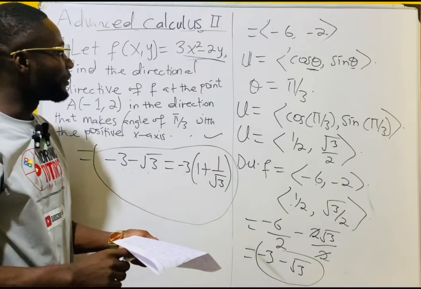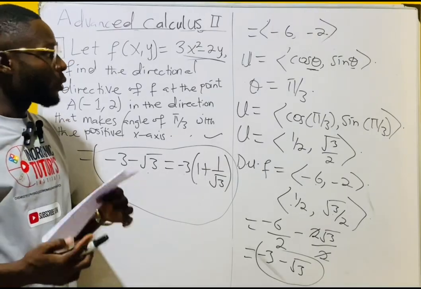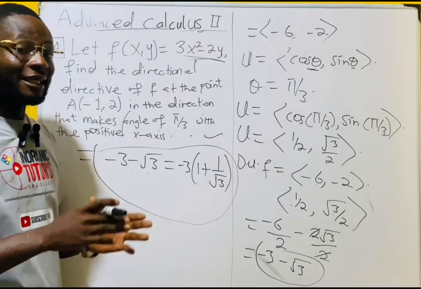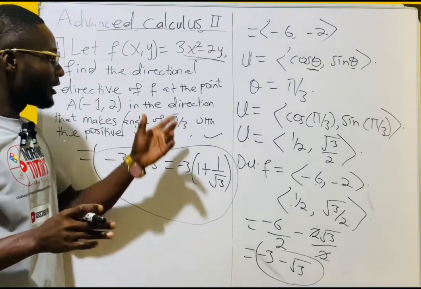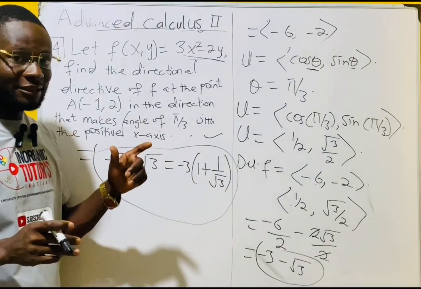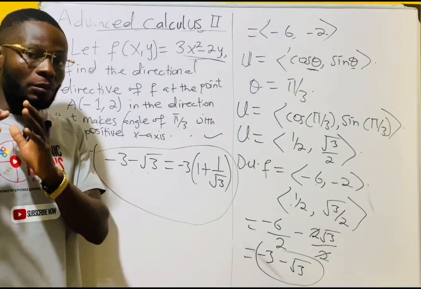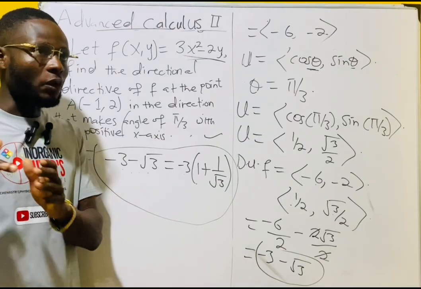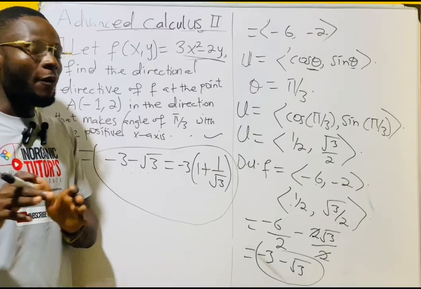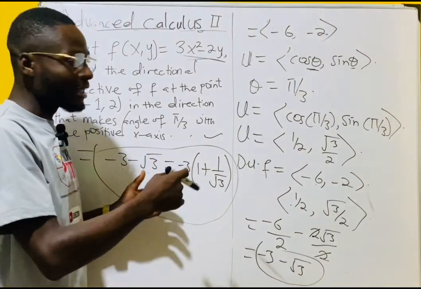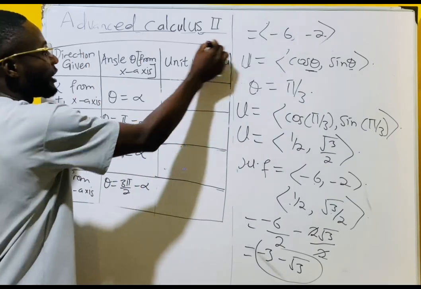Now, let me give you the conversion table, for when the angle is not measured in the standard form, that is from the positive x-axis, and maybe you are given the negative y-axis or negative x-axis or positive y-axis. How do you convert? So this is the conversion table.